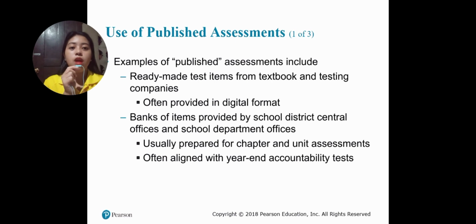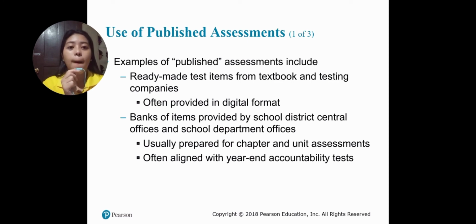The next is the use of published assessment. This is also one way of planning a summative assessment. Examples of published assessments include ready-made test items from textbooks and testing companies. This includes the test papers and test booklets, often provided in digital format.